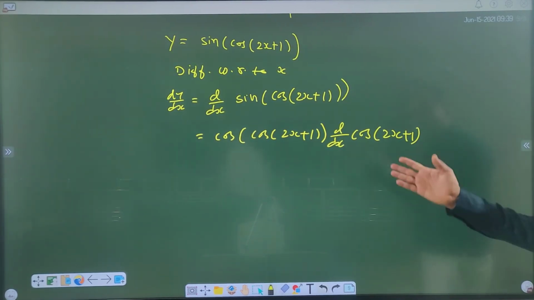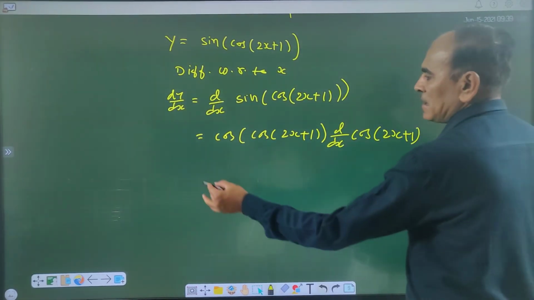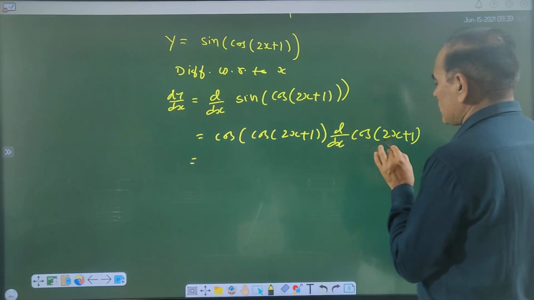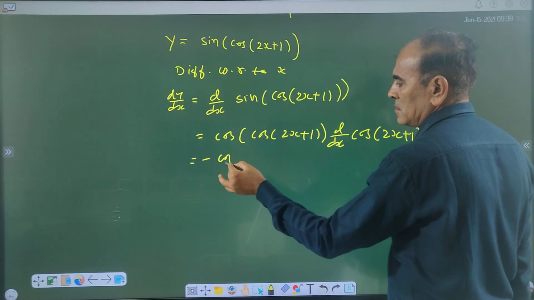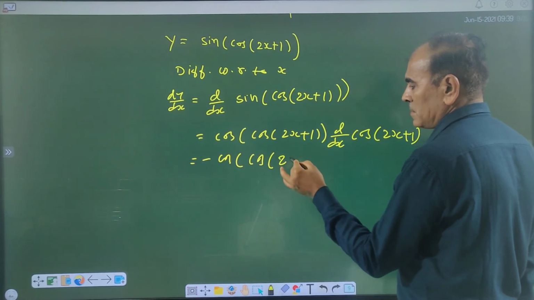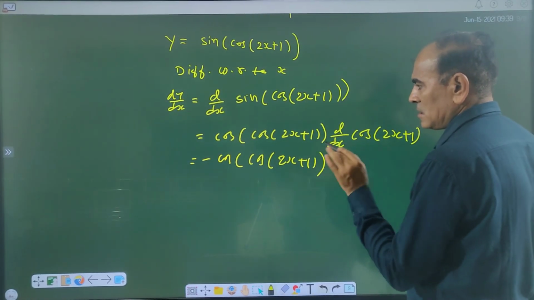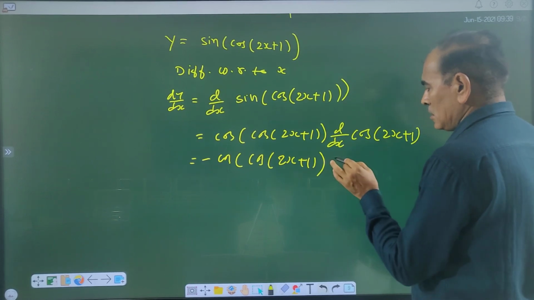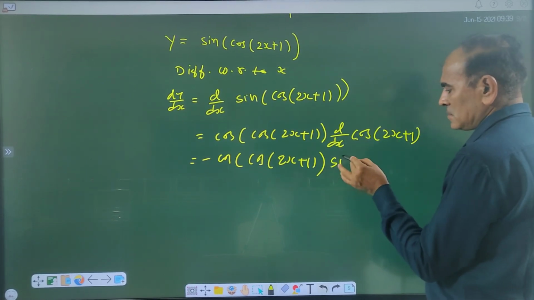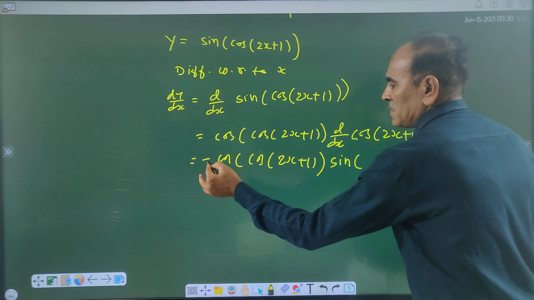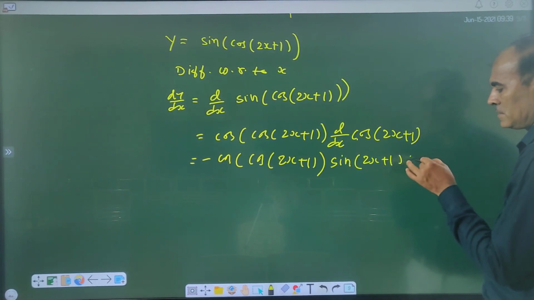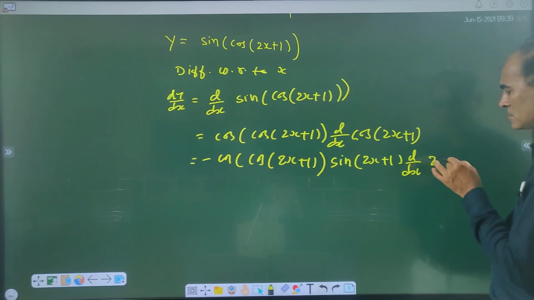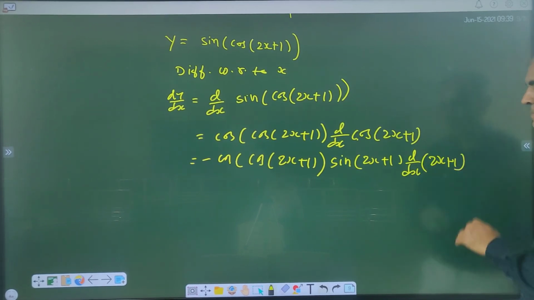Now this part as it is, derivative of cos of some function is minus sine of that function. So write first cos of 2x plus 1 into minus sine of 2x plus 1 into d by dx of 2x plus 1.